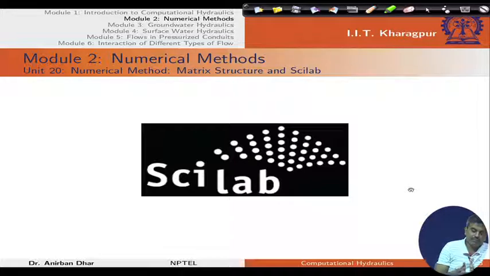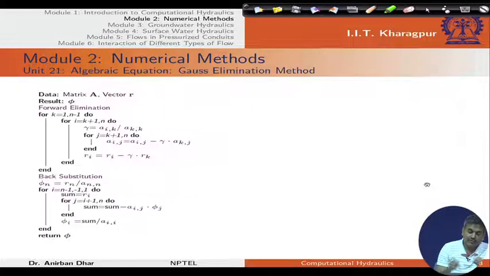And from unit 20 onwards we used this Scilab for writing small codes which is required for this computational hydraulics course. We have discussed matrix structure and Scilab in unit 20.